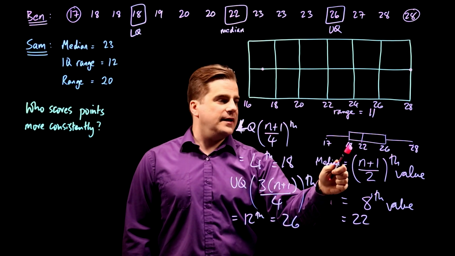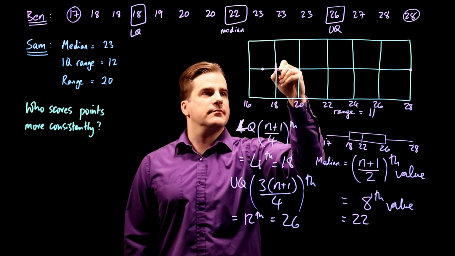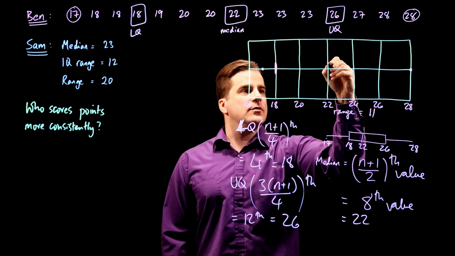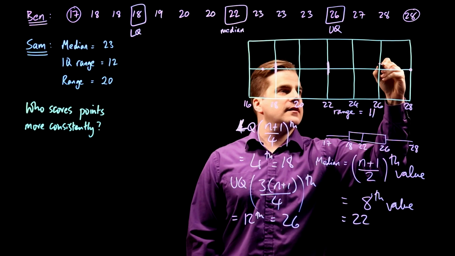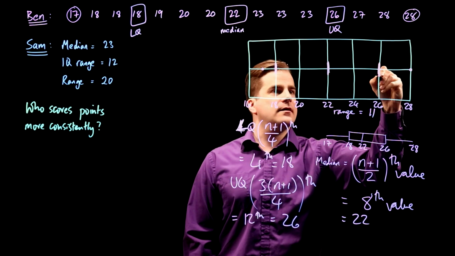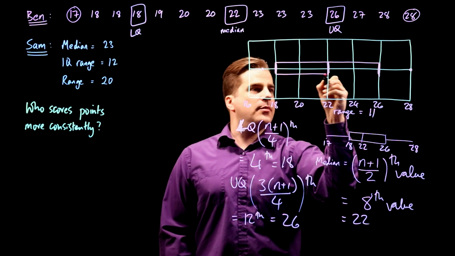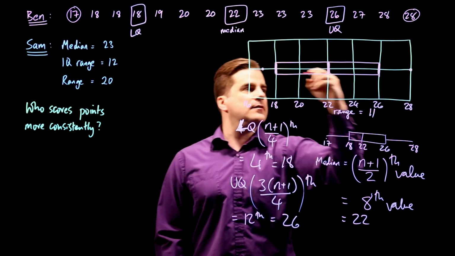Right, 18 is the lower quartile, so that's going to be there. Median 22 is there. Upper quartile 26 is there. Draw the box, make them nice and clear.